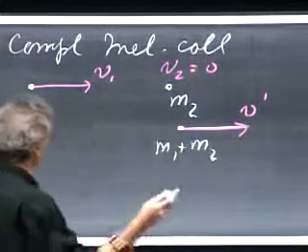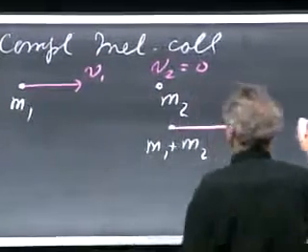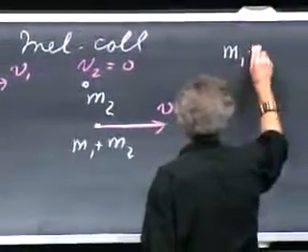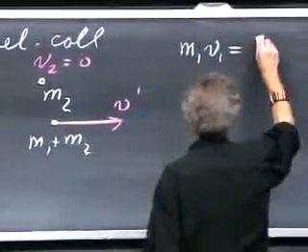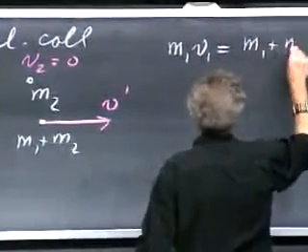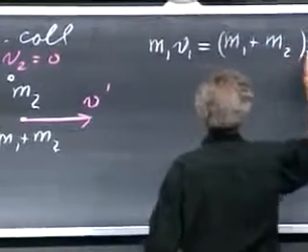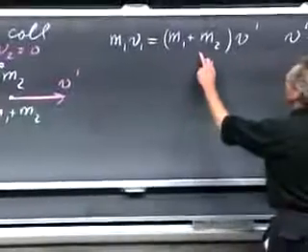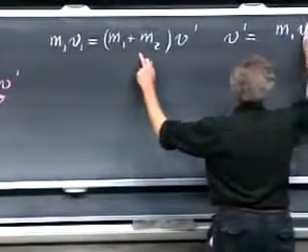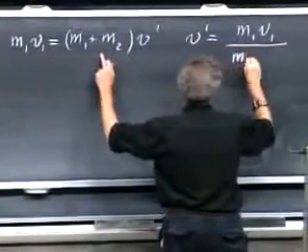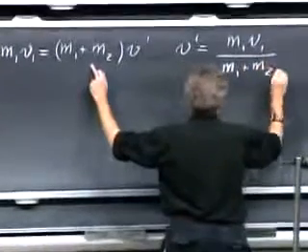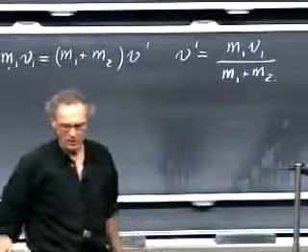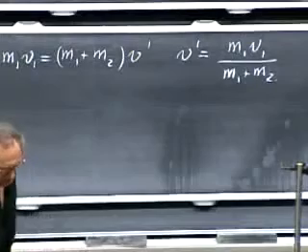Momentum is conserved if there is no net external force on the system, and so I can write down that m1 v1 must be m1 plus m2 times v prime, and so v prime equals m1 v1 divided by m1 plus m2. That's a very simple calculation.